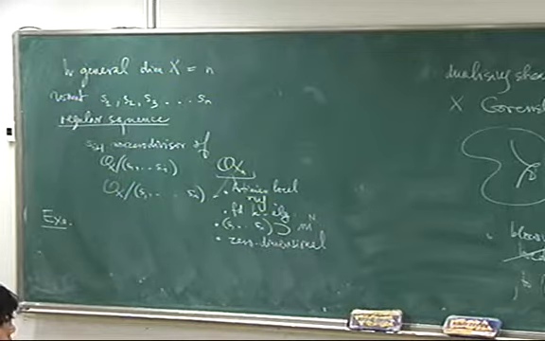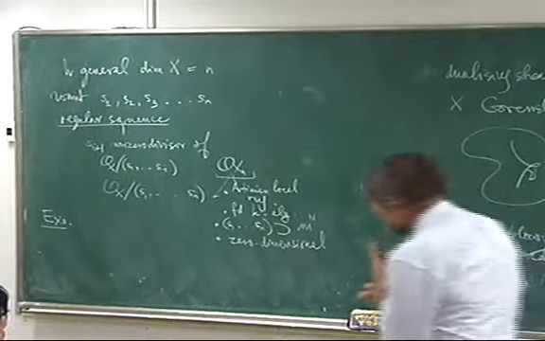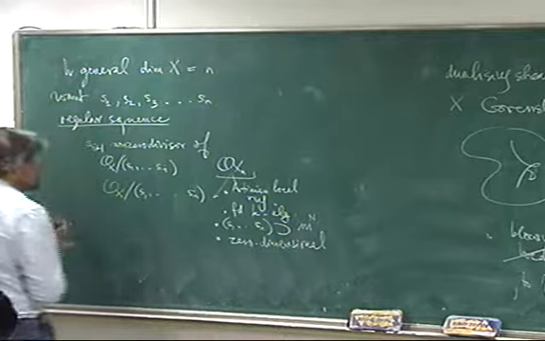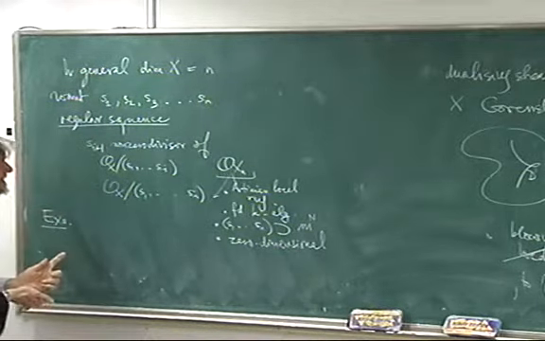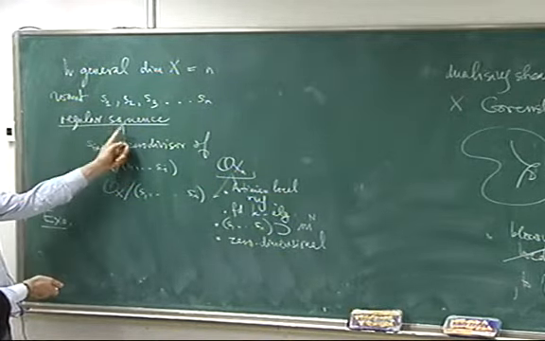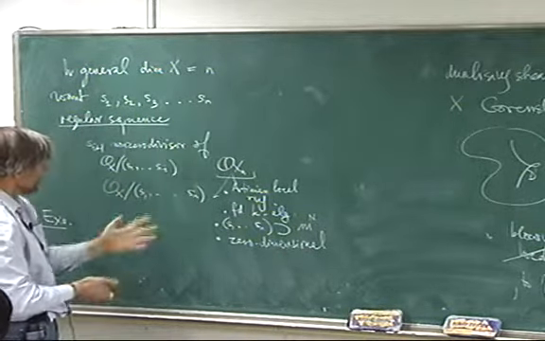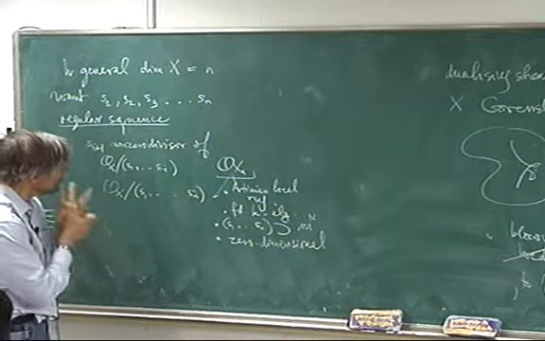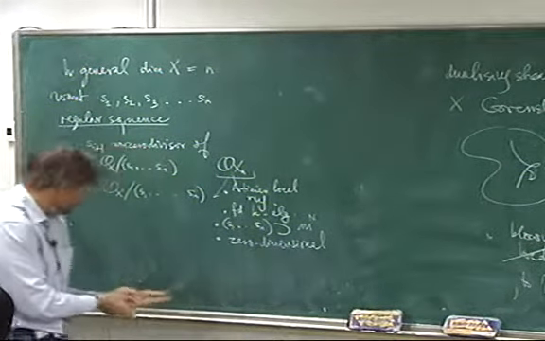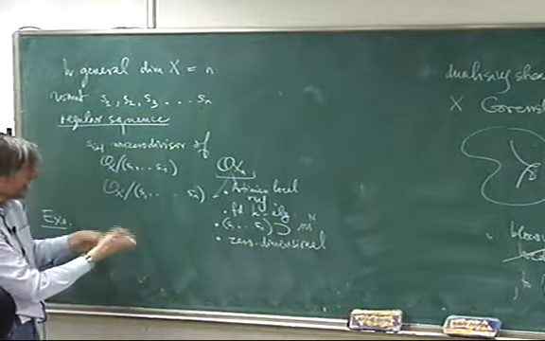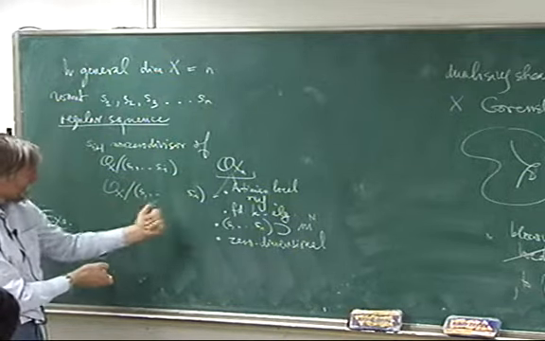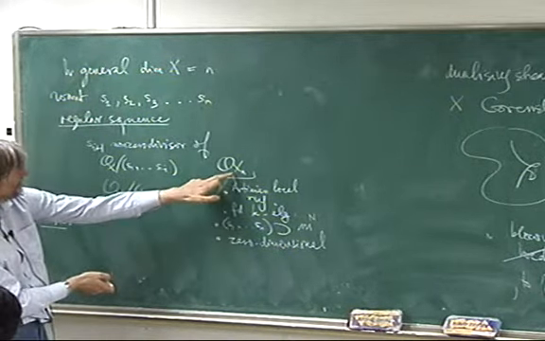But there's another important point here, which is that essentially the definition of being a regular sequence does not depend on the particular elements s1 up to sn. If it holds for one particular set, then it holds for basically any general set of n elements in the maximal ideal of the local ring.